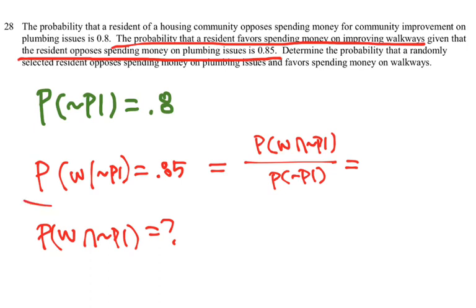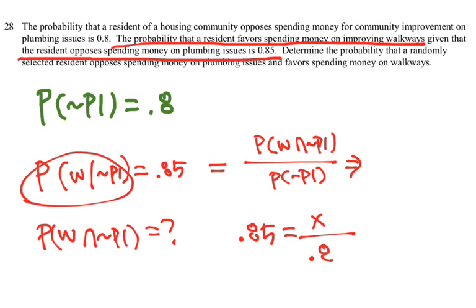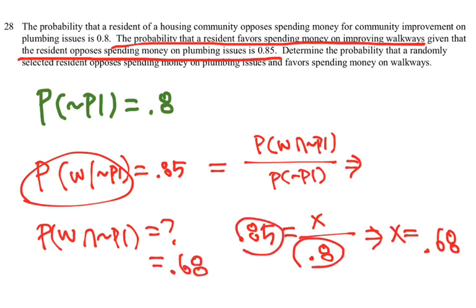That is the same thing as this conditional probability. Then if I have to plug in the values, 0.85 should be equal to x over 0.8. Then we get to realize that x must be equal to 0.68 by multiplying these two. So 0.68 should be our answer.